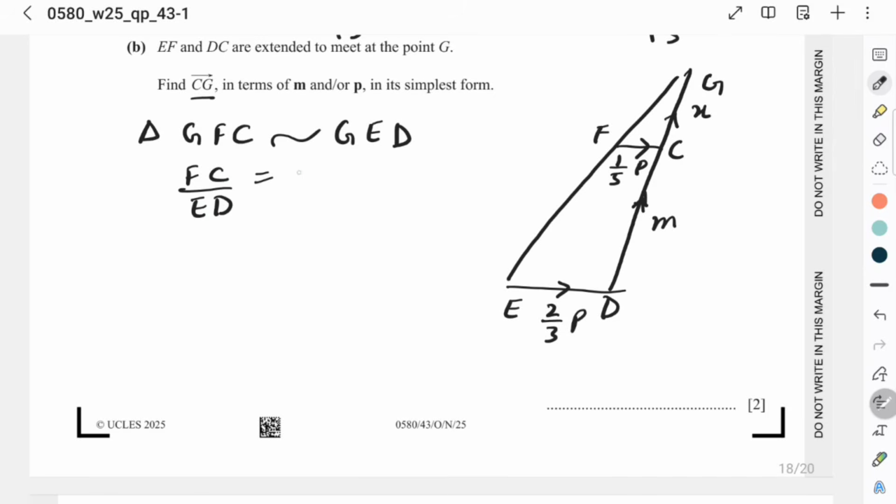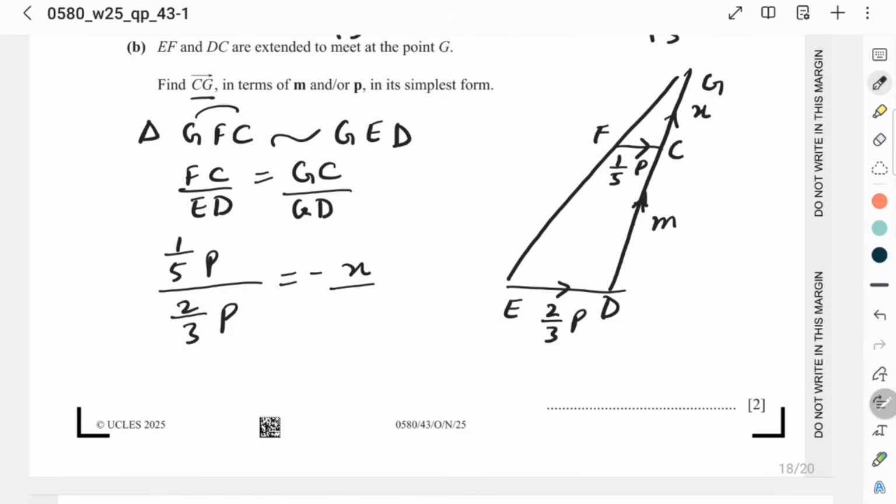Taking the ratios, FC and ED, and here GC upon GD. So FC is 1/5 p, ED is 2/3 p, equal to GC, which is x, upon GD, which is x plus m.